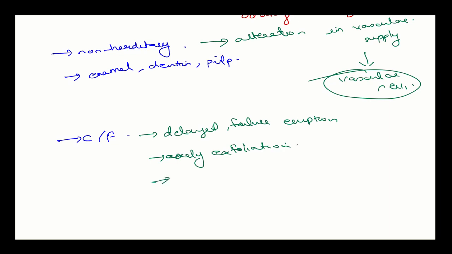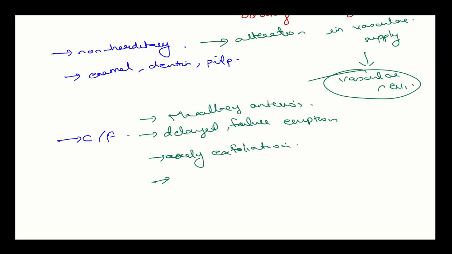Another thing: pulp is affected, dentine is affected, so pulpal involvement will be very quick. One more thing that is asked is the most common site. It's the maxillary anteriors. They can ask you this. Maxillary anterior is the most common site affected.